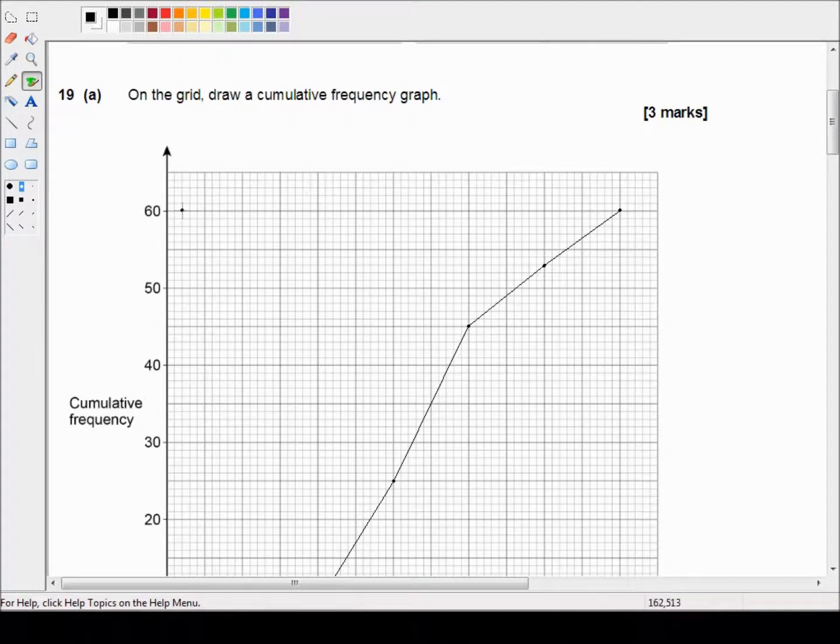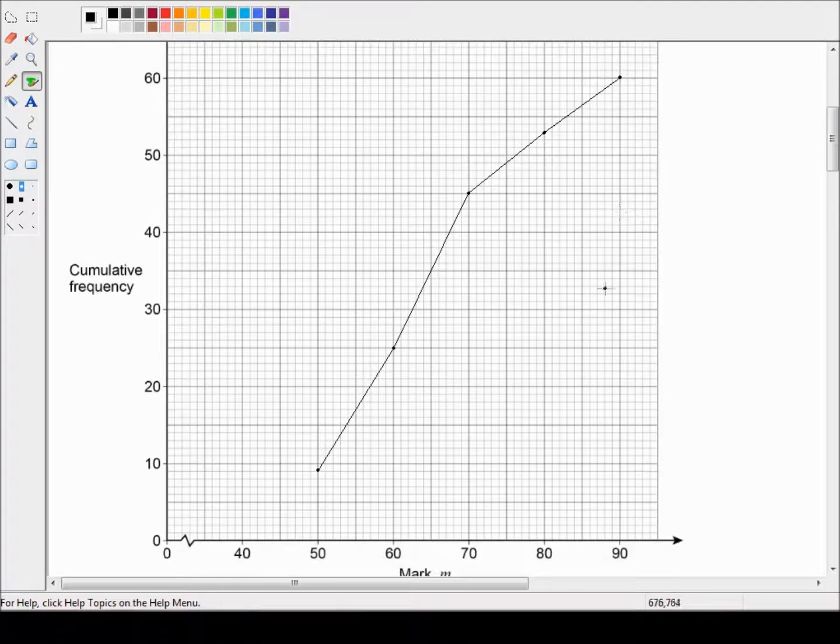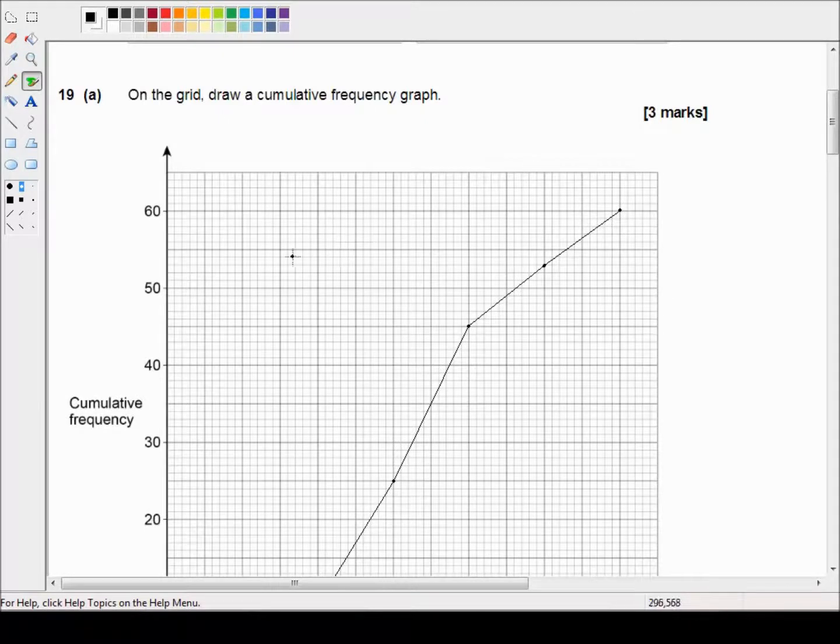The top student would be the 60th, and they scored 90 marks. Now, for the top 20%, we're looking for 20% of 60 that we're going to take away from 60.